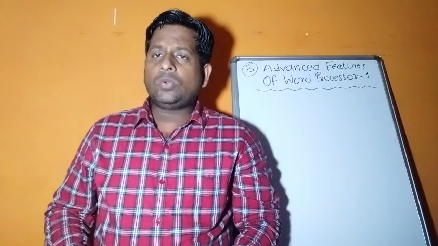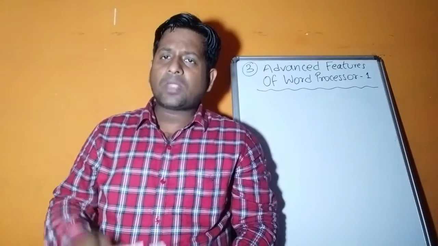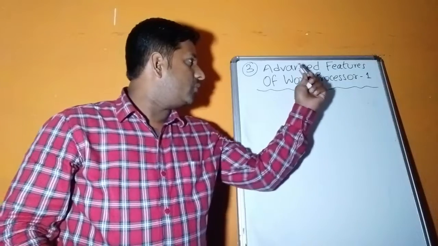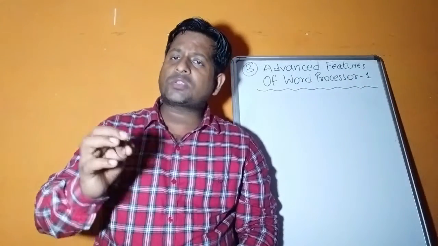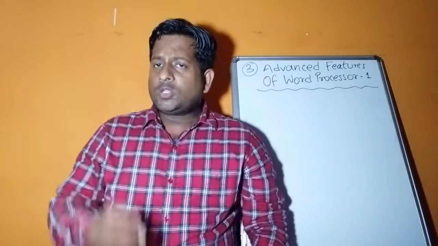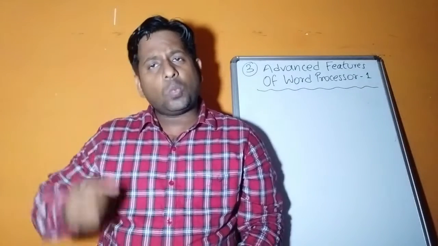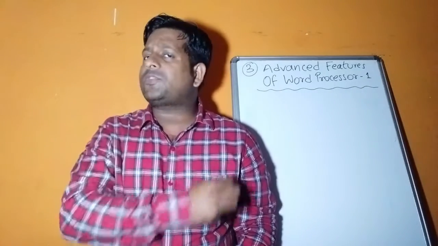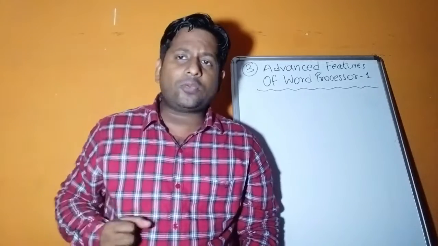So, in the last video, we discussed chapter 3, and the name of the chapter was Advanced Features of Word Processor 1. In the last video, I already told you what a word processor is and some of its features. What did you understand from there?